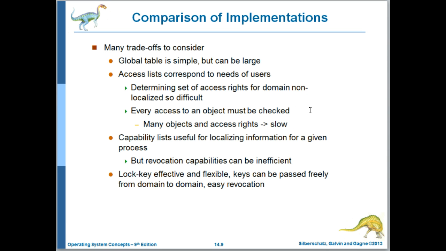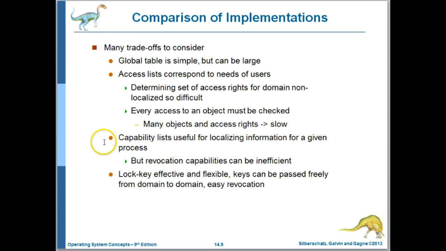But the question that arises in my mind is, why would we want to construct that set? Do we care if a particular domain has write permission on a particular object before that domain tries to perform a write on that object?